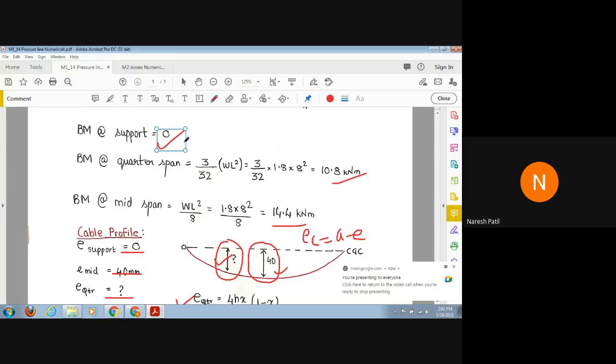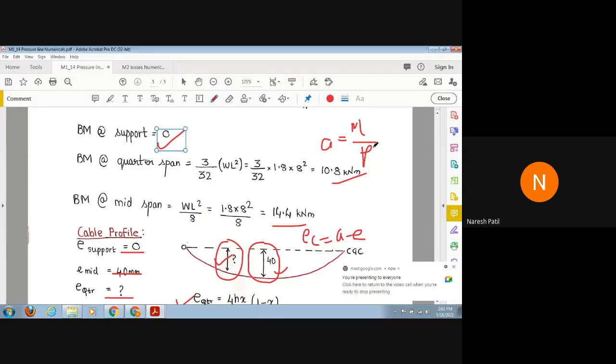See, at support M is 0. So therefore A is also 0. At quarter span you calculate A. What is the formula? A is equal to M by P. Calculate.